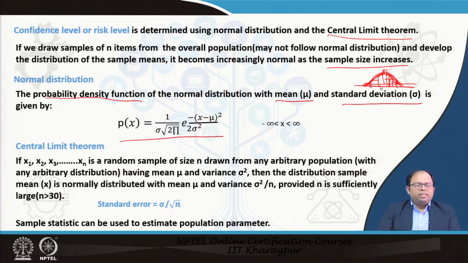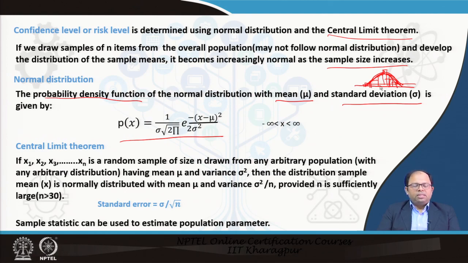So the central limit theorem states that if x1, x2, x3 up to xn is a random sample of size n drawn from any arbitrary population with any arbitrary distribution having mean mu and variance sigma square, then the distribution of the sample mean, x bar, is normally distributed with mean mu and variance sigma square by n, provided n is sufficiently larger than 30.